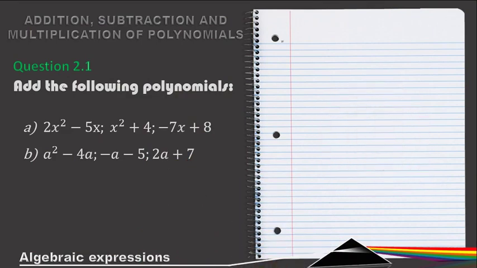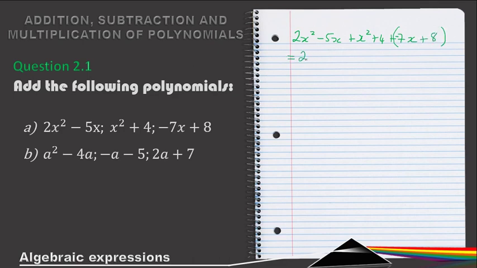Add the following polynomials. Alright, so I think I'm going to do A with the one method and B with the second method. Okay, so we've got 2x squared minus 5x plus x squared plus 4, and then plus negative 7x plus 8.